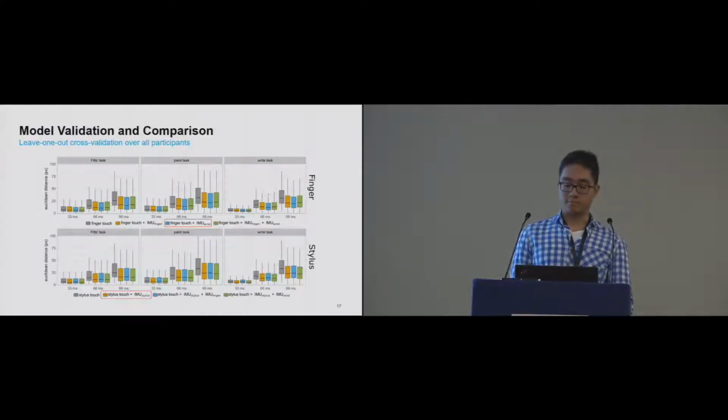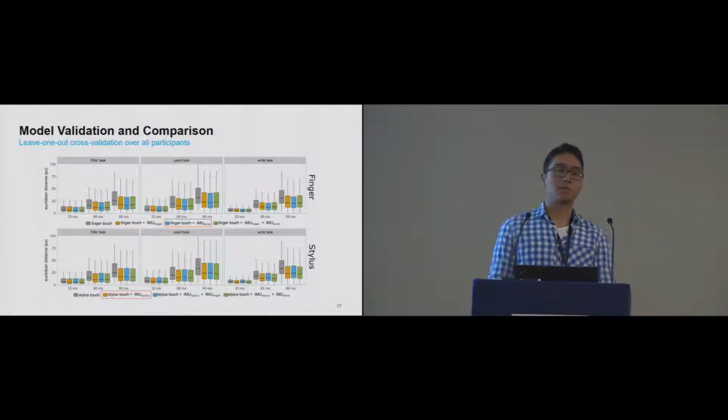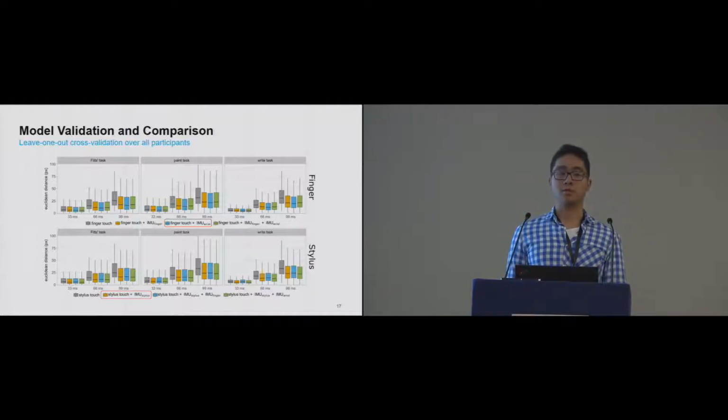So these box plots show the errors in pixels of the different models that we trained. The gray box plots represent neural networks that use only the touch samples, which is also the approach by Henze and colleagues. And all other box plots represent the different combinations of the IMUs that we trained. So in general, what we can say here is that using any IMU combination reduces the prediction error significantly in comparison to using just the touch samples.